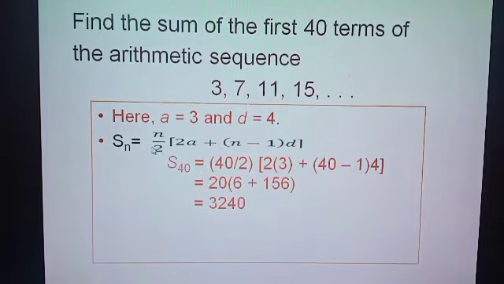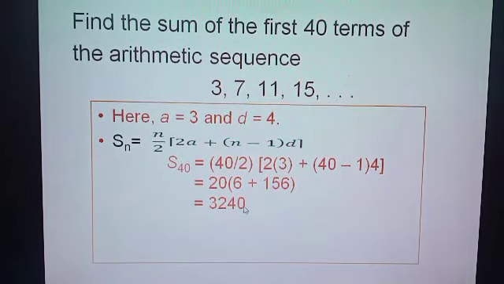So substitute here, n is 40, 40 by 2 it will become 20, 2 into a is 3 plus n is 40 minus 1, it will become 39 into 4 is 156, 2 3s are 6. So 6 plus 156, you will get 162 into 20 you will get 3250.